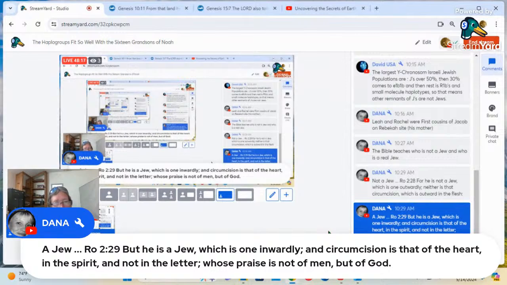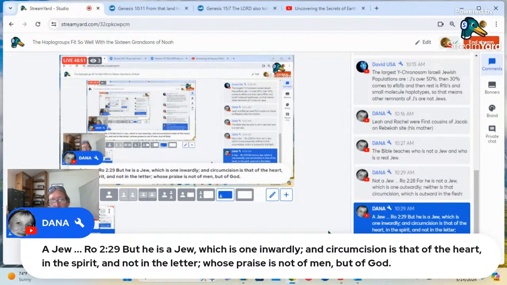See, Romans: he is a Jew which is one inwardly, and the circumcision is that of the heart, in the spirit, and not the letter, whose praise is not of men but of God. That's very correct. That's the spiritual significance of who is a Jew. And of course, we evangelical Christians in America need to understand that our faith is a Jewish faith, and that when we believe in the God of Israel, we are joined to Israel.